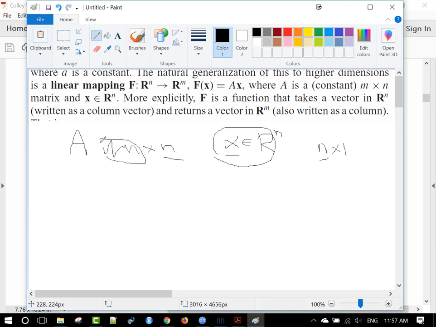And then the result is going to be an m by 1 matrix, so that means it's going to be, again, a vertical matrix with m rows and one column, so this is going to be in Rm. So it does work. When you multiply x by this size matrix, you're taking something from Rn, that is x, and you get out something which is in Rm, which is what we said we wanted.